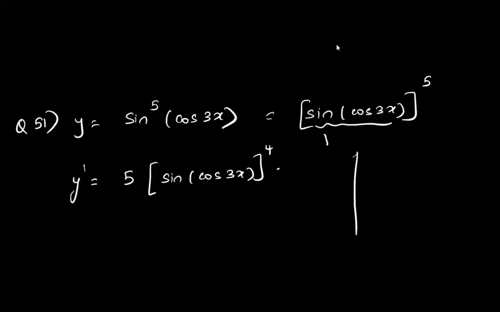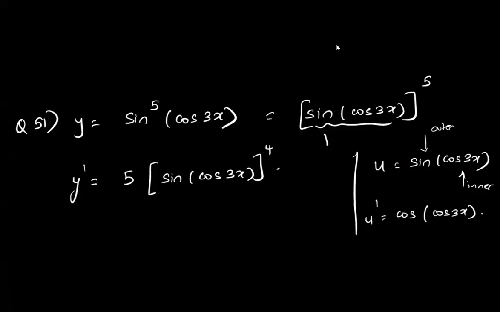Then you can think of something else as sine of cosine 3x, correct? So you see how this becomes the outer and this becomes the inner. So if you take this derivative, it will be cosine of cosine 3x times the derivative of the inner function, which will be negative sine 3x times 3, right? So that's what you will have.